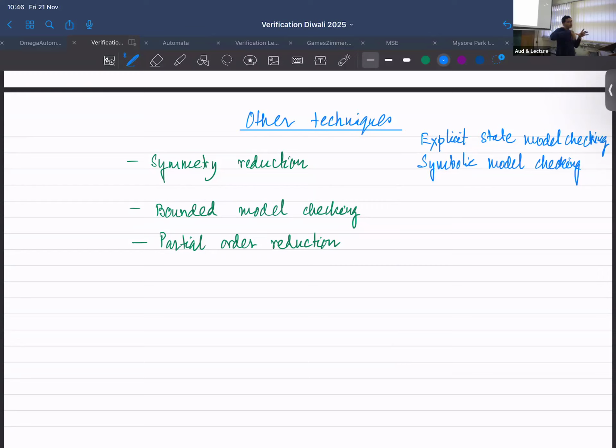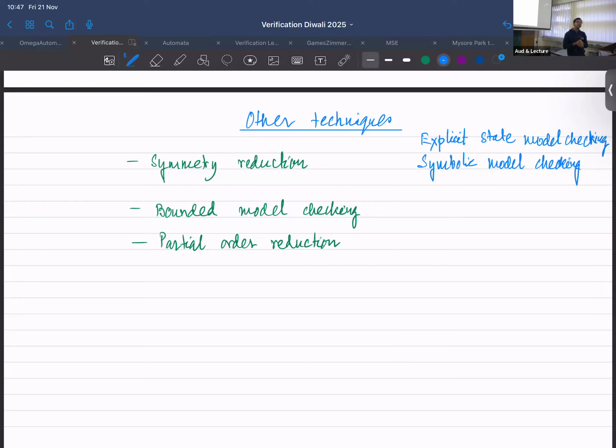So you can just unroll your loop a small finite number of times and you will see most of the violations, and then say that this program violates this property.